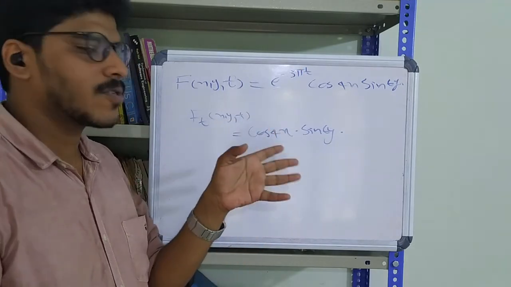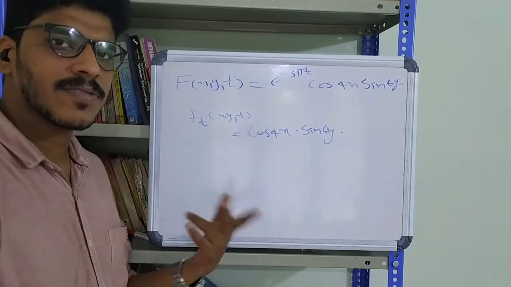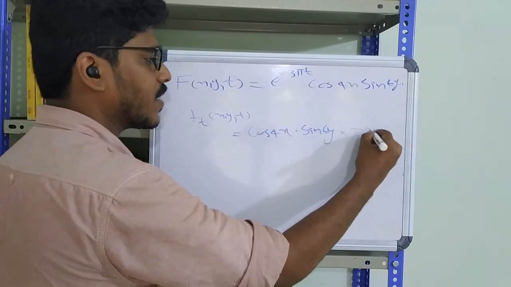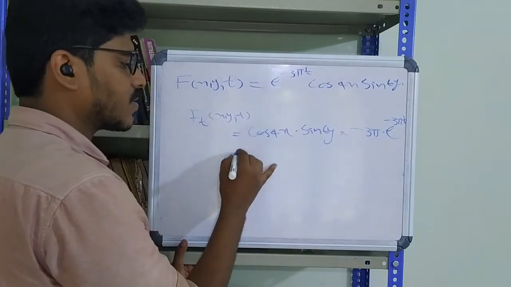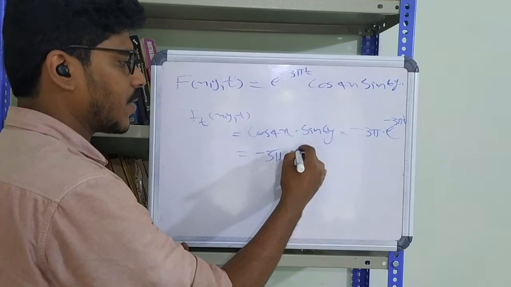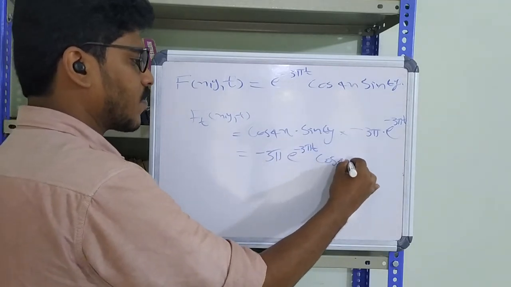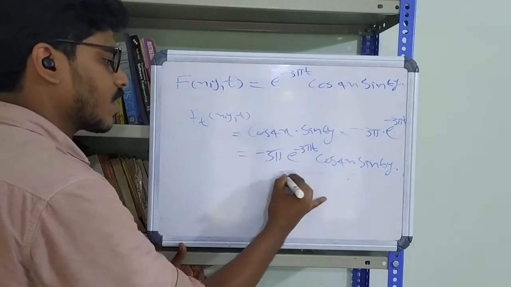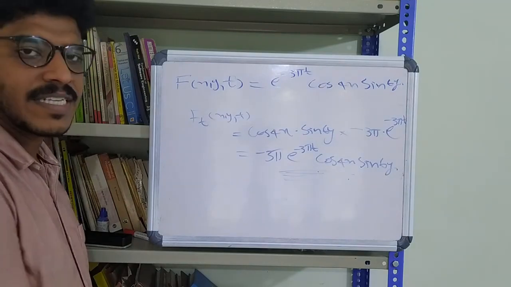This is of the form e raised to minus ax, which has the derivative minus a into e raised to minus ax. So this is into minus 3 pi into e raised to minus 3 pi t. Right, so the derivative on rearrangement will be minus 3 pi e raised to minus 3 pi t cos 4x sin 6y.